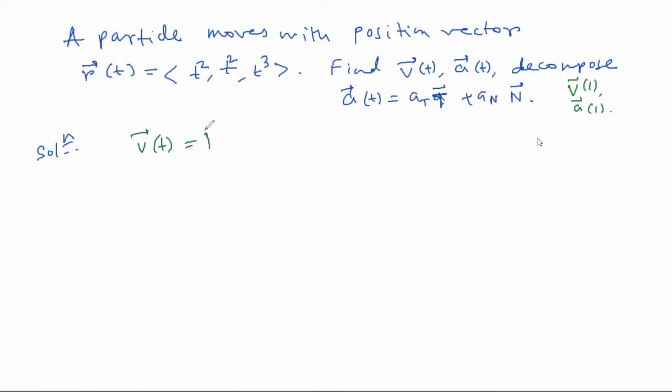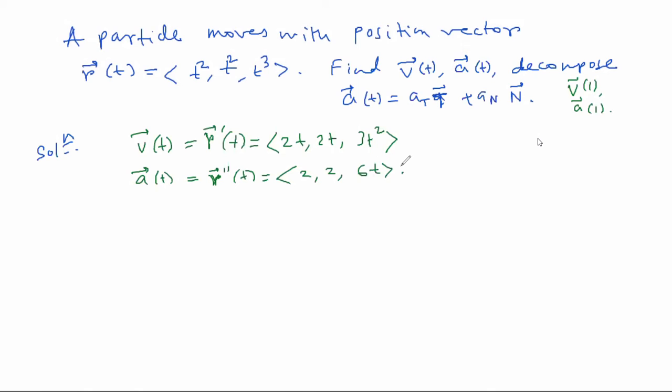So this is r prime as velocity vector: 2t, 2t, 2t squared, right? And what is acceleration? Acceleration is r double prime. That's the acceleration vector. It's the derivative again, 2t, 2t, 6. Okay.